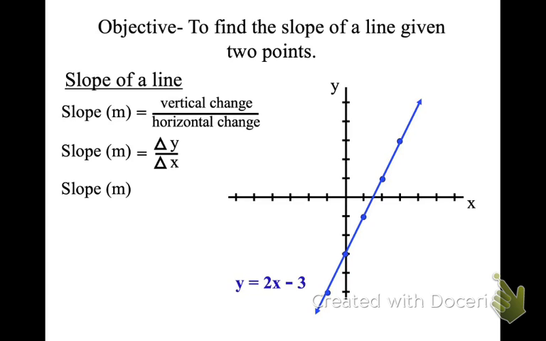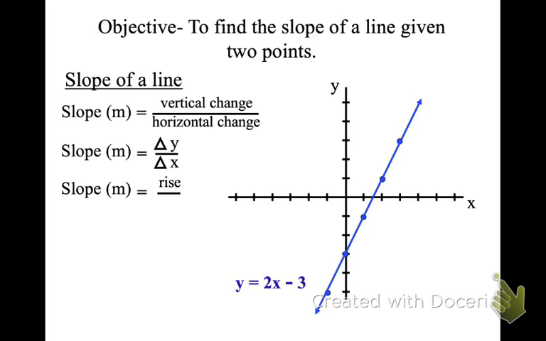So again, the change in the y, the distance going up, maybe this one's an easier one to look at. 1, 2, that would be my rise, and my run is my across movement. My rise would be 2 up and 1 across.